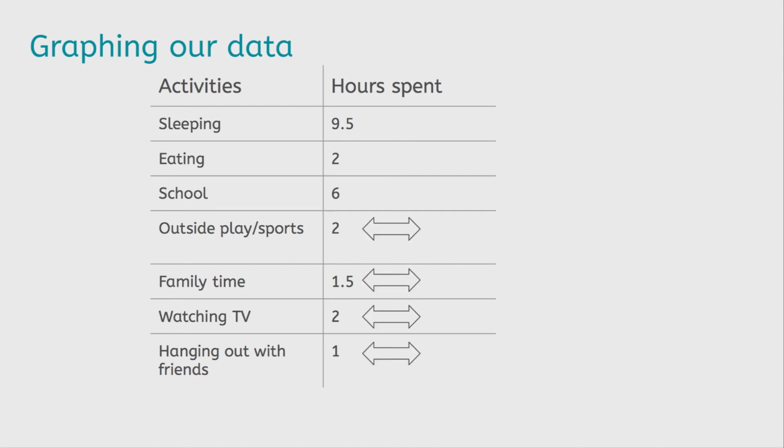But the rest of the things we can change. Let's say we play outside for 3 hours instead of 2, and we spend 2 hours with the family instead of an hour and a half, and let's not watch any TV at all tomorrow. And that way we can hang out with our friends for an extra hour and a half.